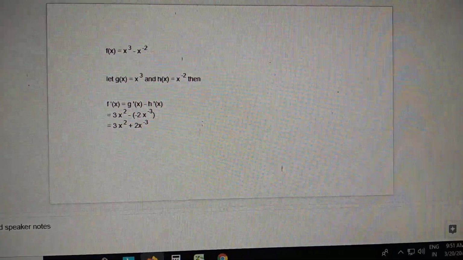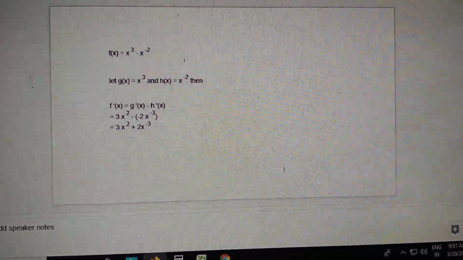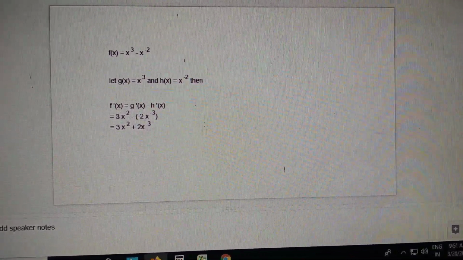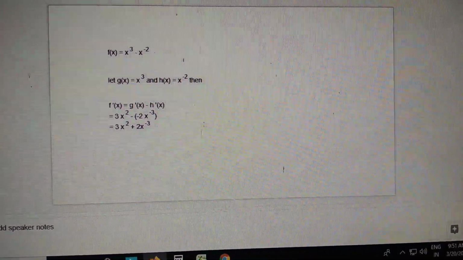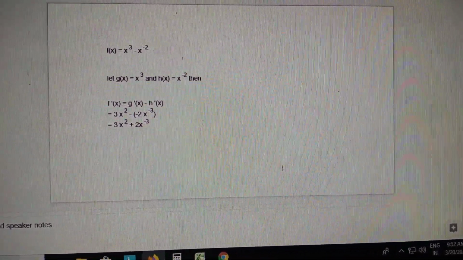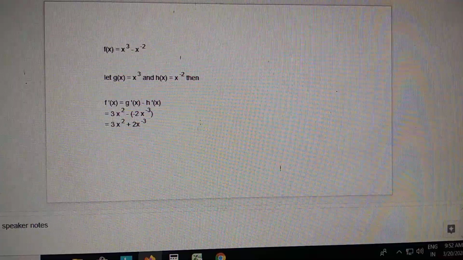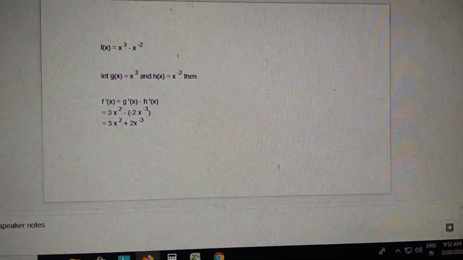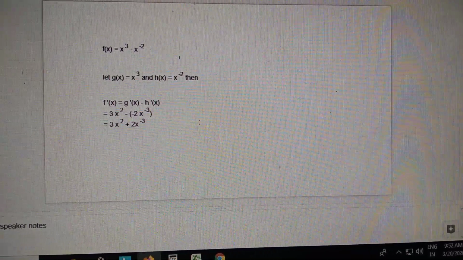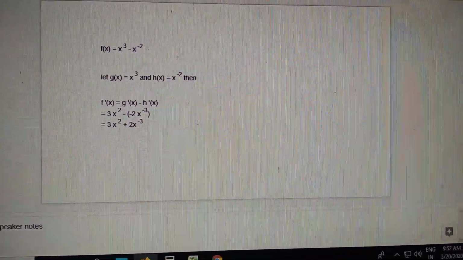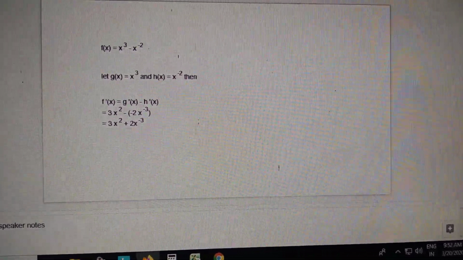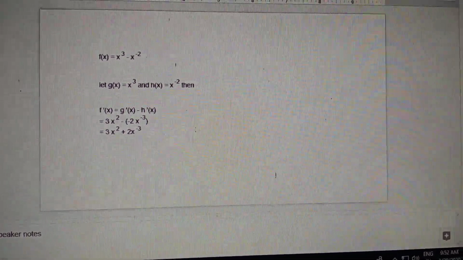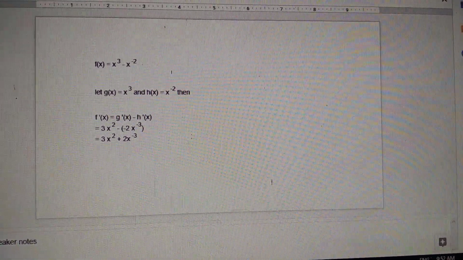Both are power functions of the variable. The derivative of g(x) is clearly 3x square. Also the derivative of h(x) is clearly minus 2 into x raised to minus 3. Applying the difference of the derivatives law, we get f dash x is nothing but 3x square plus 2x minus 3.